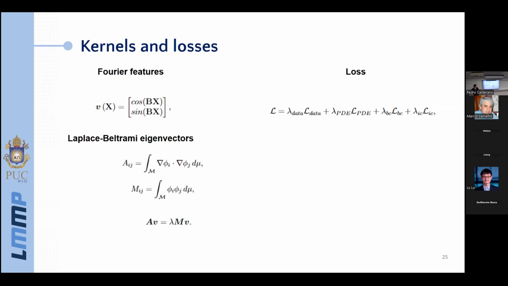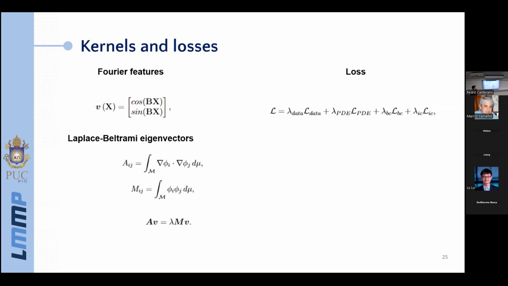So I basically needed the mass and stiffness matrices that were computed using the finite element mesh. And then using those matrices, I computed the eigenvectors that would be my kernels.